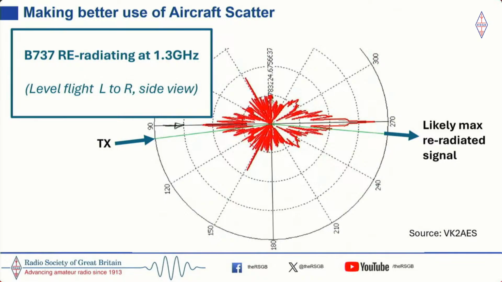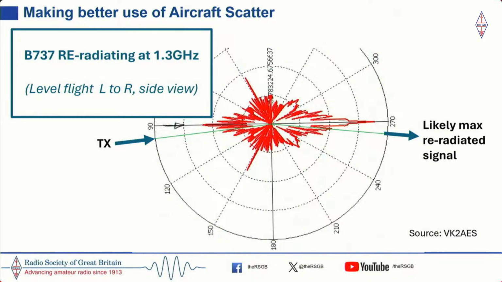So the transmitted field is coming in below the rear, and the aircraft is creating this thing that looks like a very bad attempt at a radiation pattern.